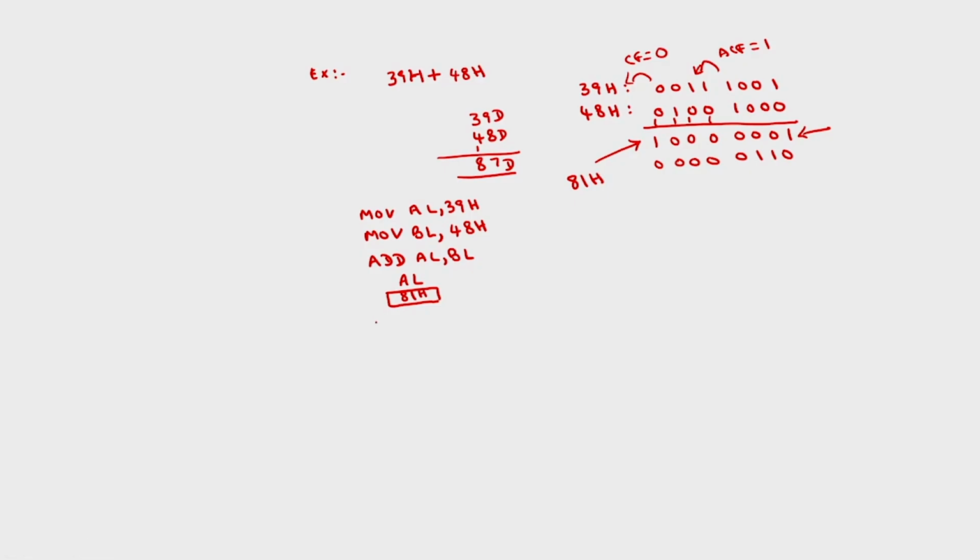But what is expected if I write DAA? After this AL will have the correct decimal result, which is 87.